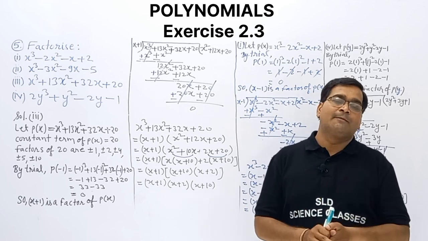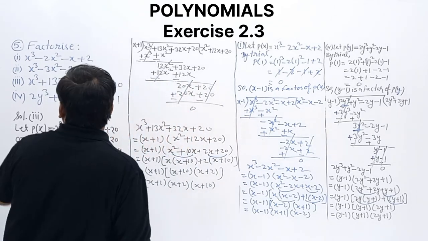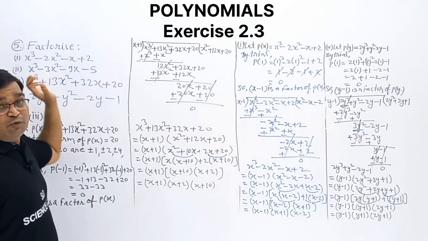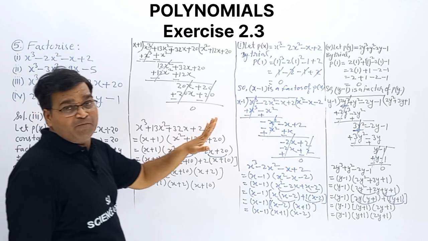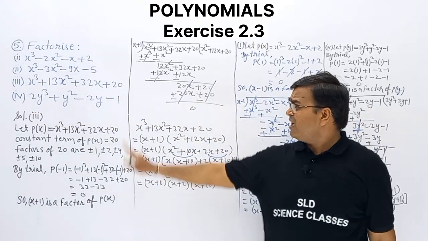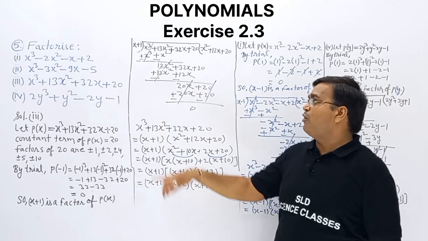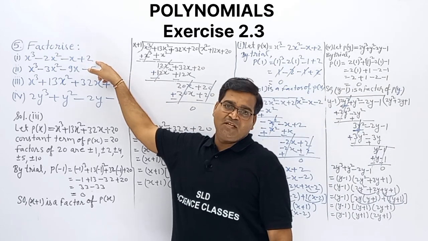Once we obtain that the polynomial's value equals 0, then we can say what? First we find the zero. And how will we find the zero? By observing the constant term.